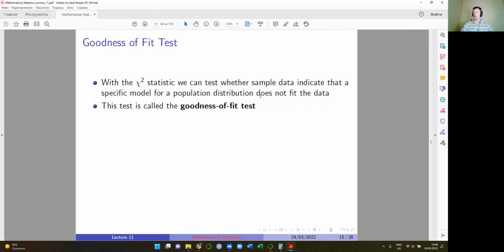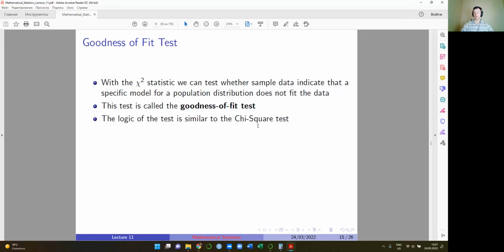We also had one example back in lecture number 4, I guess, or 5, when we assumed that the number of transactions on the Moscow exchange are distributed according to the Poisson distribution. Well, we can test if the data fits our assumption about a particular distribution. And this is called a goodness of fit test. And the logic is completely similar to the chi-square test. So all the calculations, all the techniques used are the same.